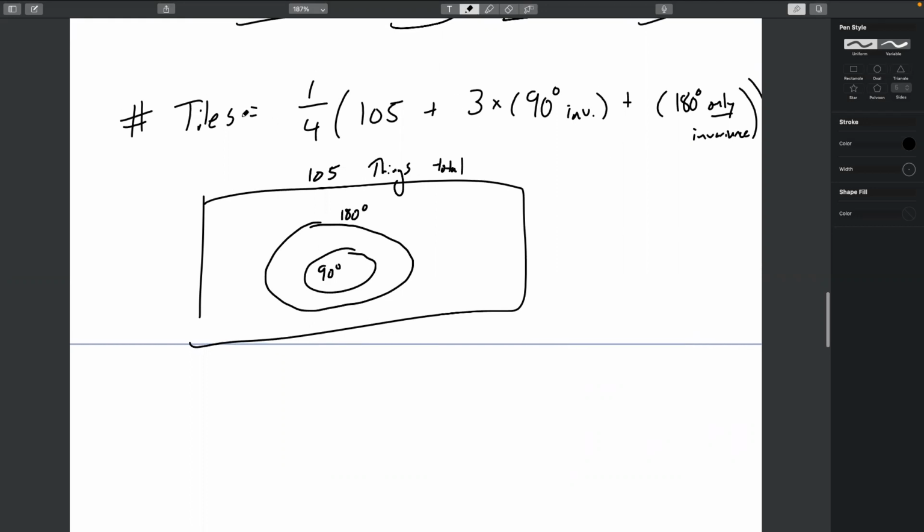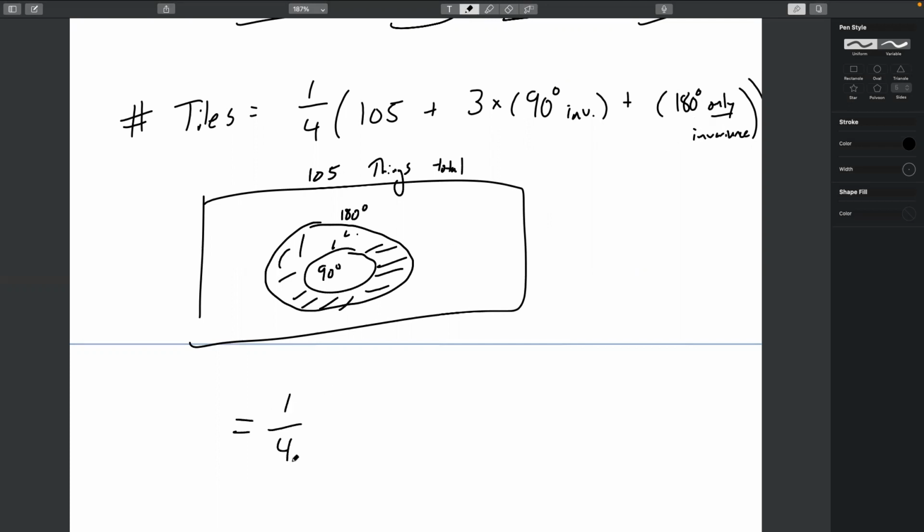One thing is that I want to rewrite this expression. It's kind of nasty to have these 180 onlys. That's talking about this region in the Venn diagram. I've got 3 of these 90 degree ones, so I might as well take one of them and add it to this, right?